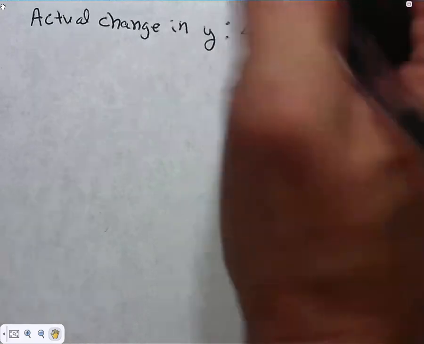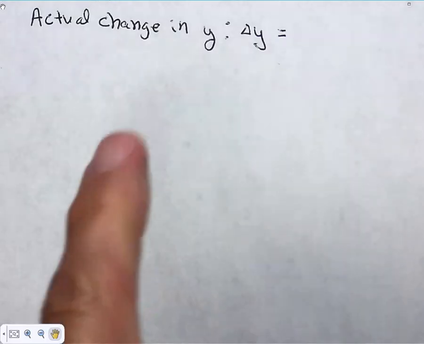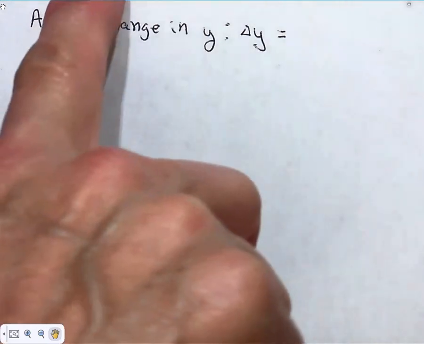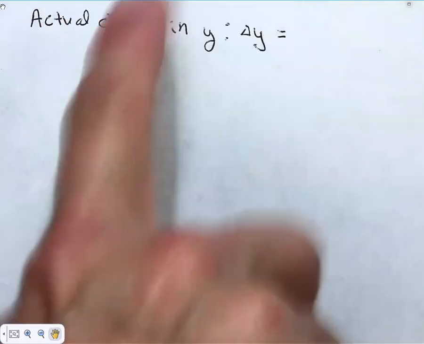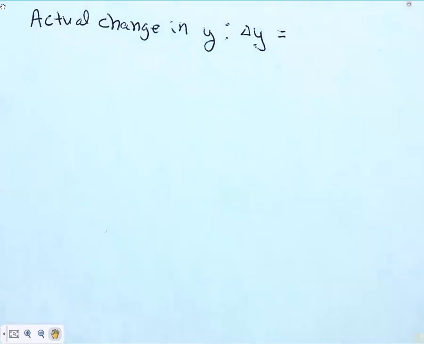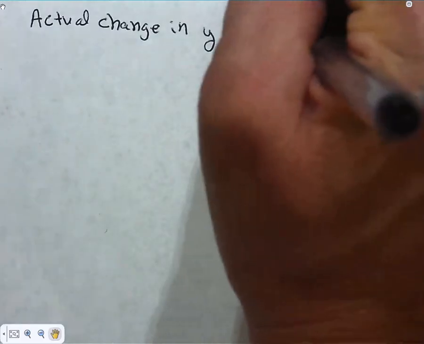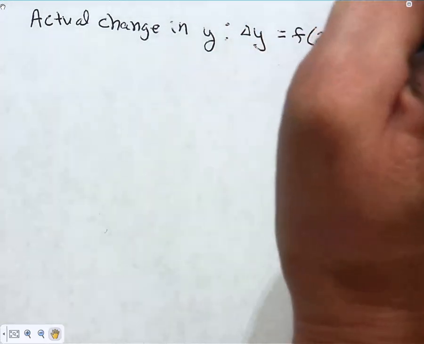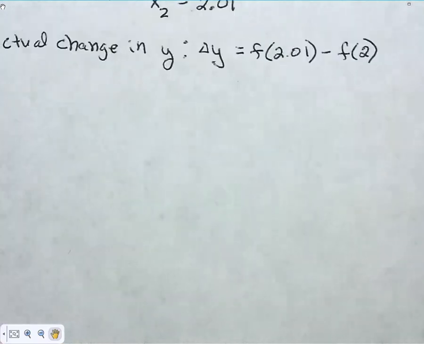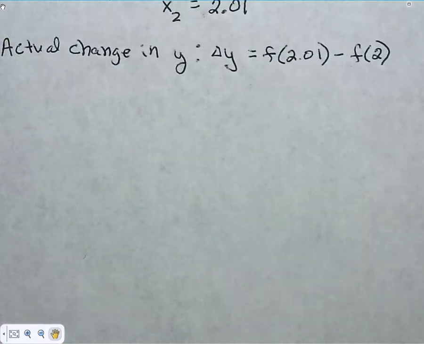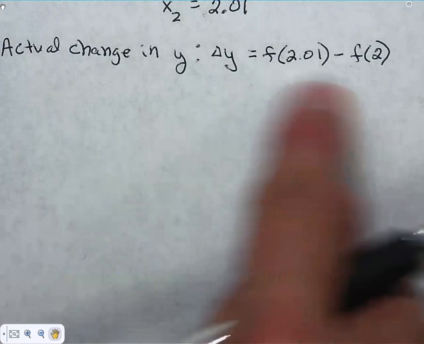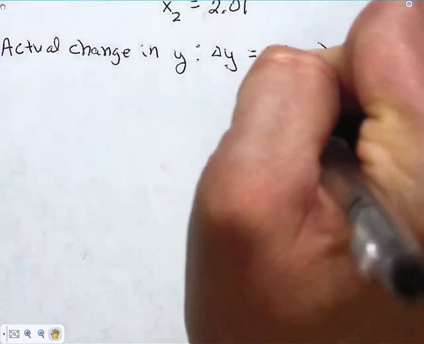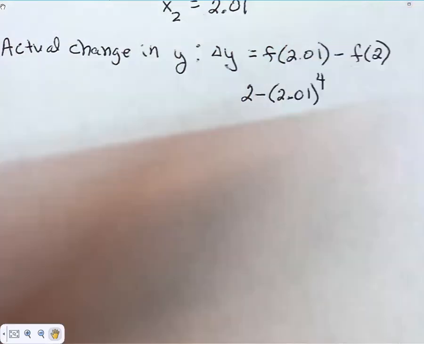So the actual change in y would be the difference between what I get if I put 2.01 into the function and what I would get if I put just 2 into the function. f of 2.01 minus f of 2. If I put 2.01 into the function, I would get 2 minus 2.01 to the fourth.